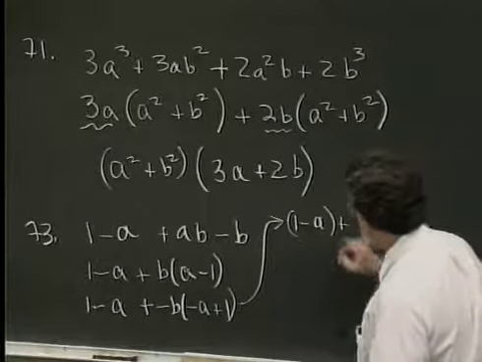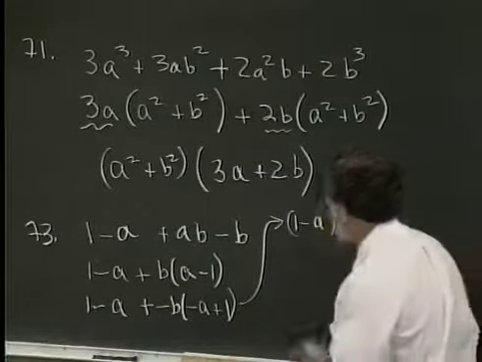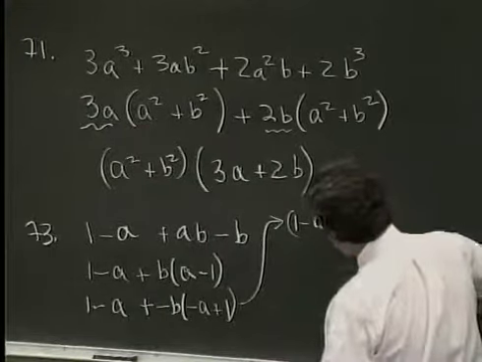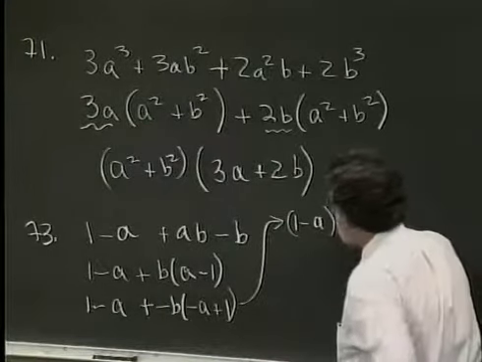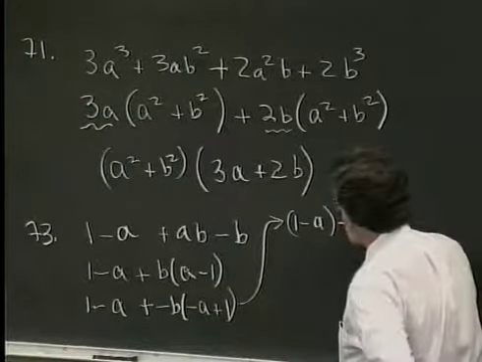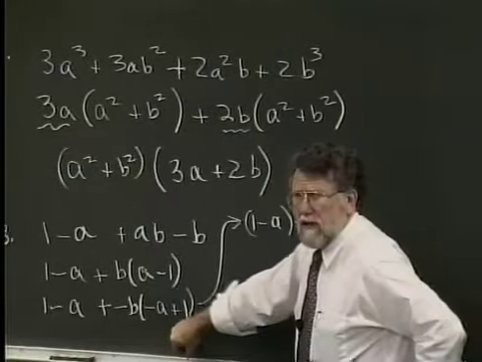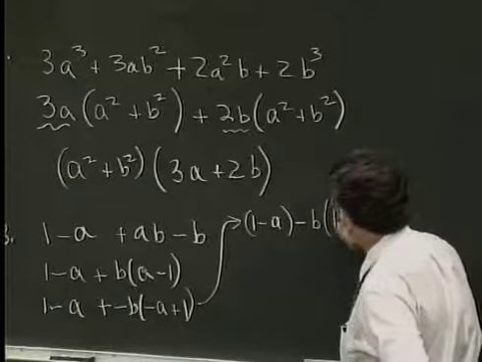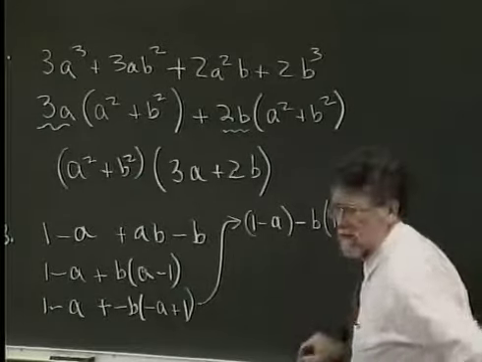And then I have, in fact, I'll just rewrite this now. So much for trying to get the board to clean nicely there. I'm going to write this as just a minus b, and I'm going to take the commutative property of addition and write that as 1 plus negative a, which is 1 minus a.